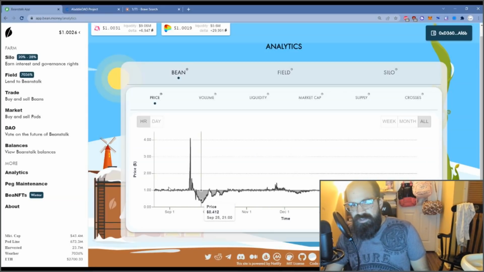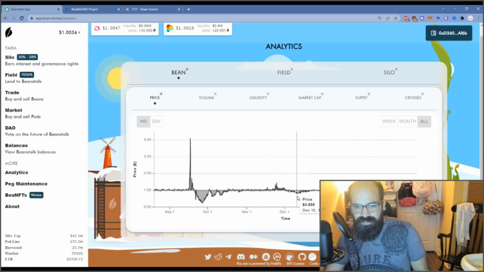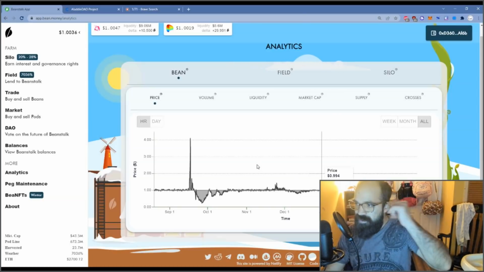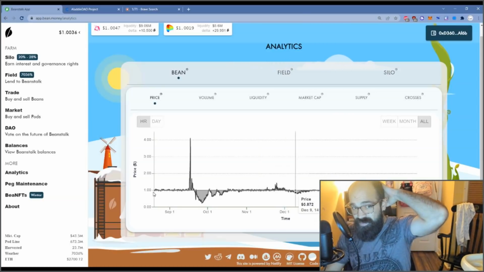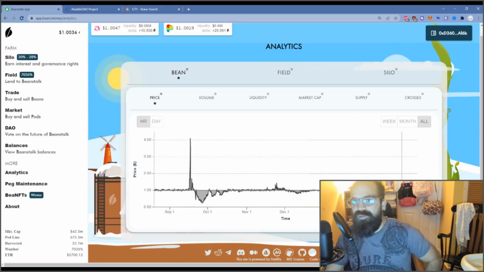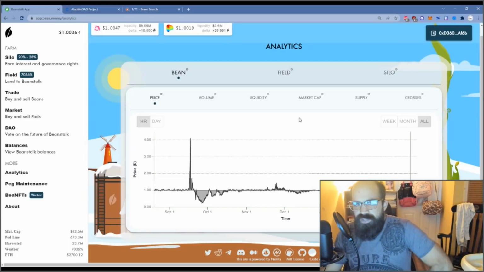You can see way up to $4, way down to 30 cents, and then it's been pretty stable since then. We had some highs here of like $1.50, then some lows of, let's see, 85 cents. So there were definitely some highs and lows, but if you look at this over time, it's kind of restabilizing and doing a pretty good job. So I think it's pretty interesting.